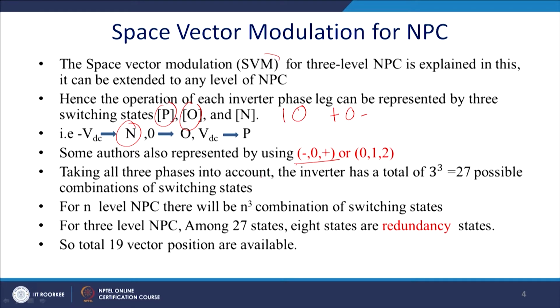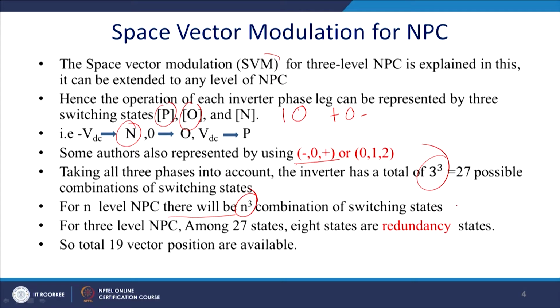Now, let us see how many states are possible. Taking all 3 phases into account, the inverter has a total of 3 to the power 3, that means 27 possible combinations of switching logics, but there are redundancies and some states which cannot be incorporated, given that S1 and S3 are complementary and S2 and S4 are complementary. For an n-level NPC it will be n to the power 3, so for a 5-level it will be 5 to the power 3 switching states.